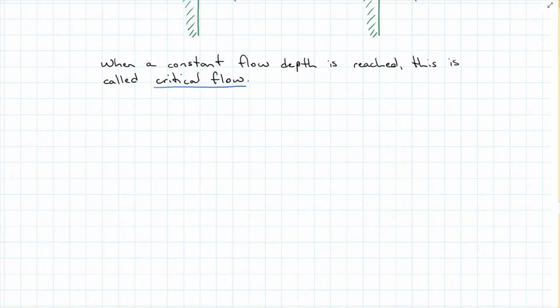With critical flow, we have critical depth, and we can solve for critical depth by taking the derivative of the specific energy and the depth of the water and setting it equal to 0.